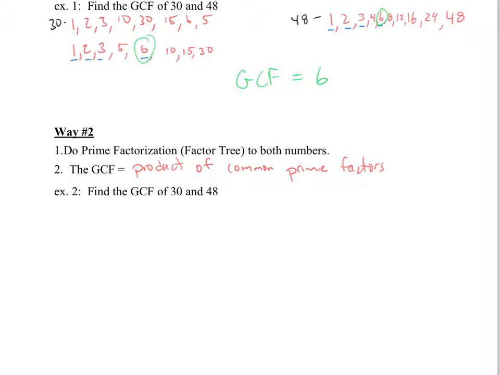So let's make factor trees here a minute. So we got 30 and 48. We'll do the 30 first. 2 and 15. 2's prime. 3 and 5. So 3 and 5 are prime.